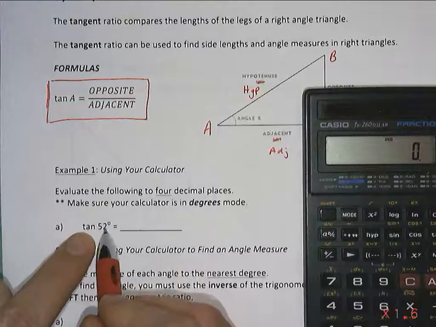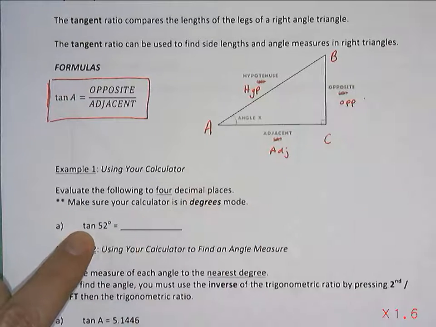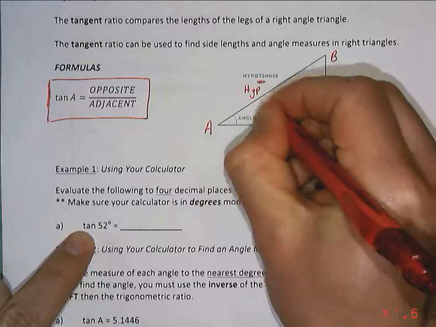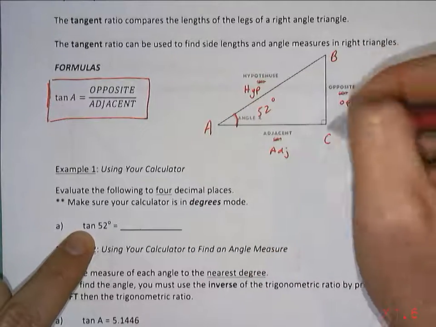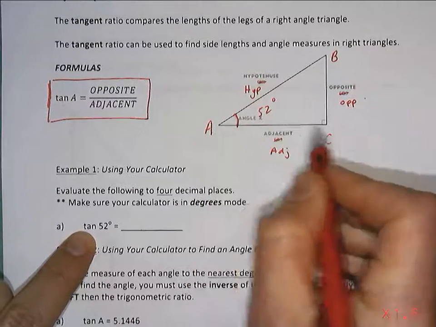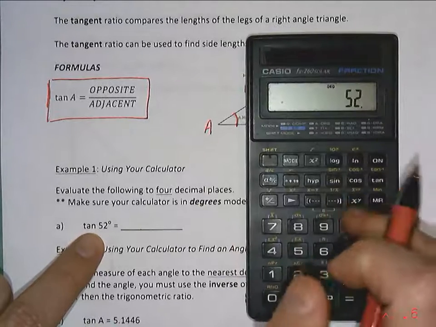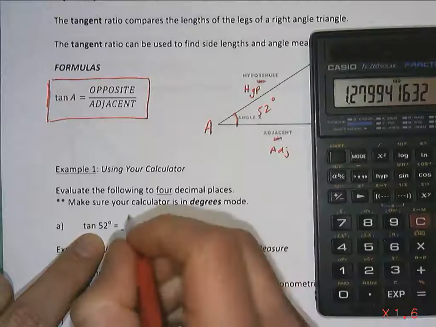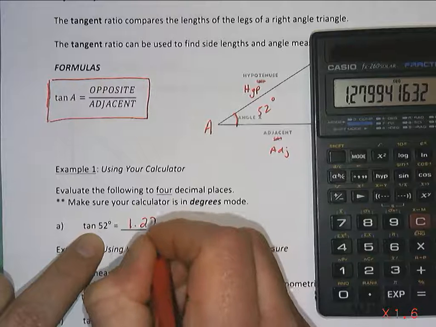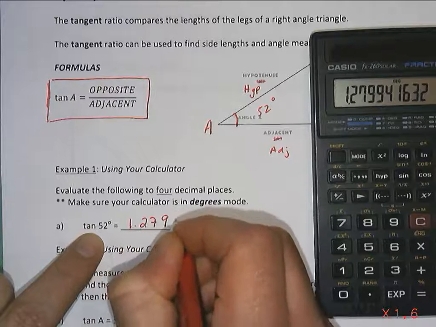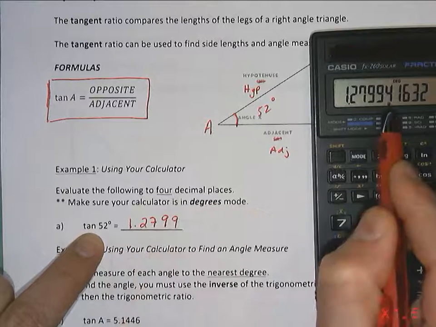The tan of 52 degrees. So if this angle was 52 degrees, then if this side length divided by this side length would give me a decimal of 1.2799 to 4 decimal places, so the next number is a 4.